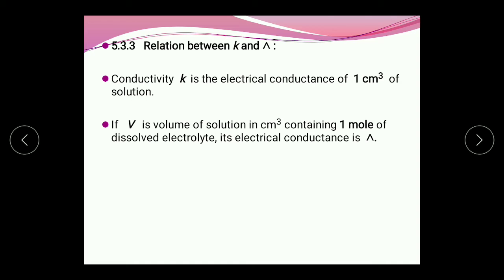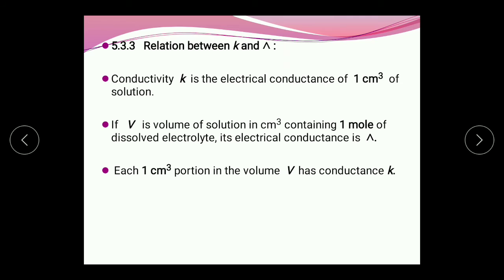So we have taken V cubic centimeters of solution and 1 mole of electrolyte is dissolved in it, and the conductance shown by this solution is lambda. Understood? K is the conductance of 1 cubic centimeter and lambda is the conductance of 1 mole of electrolyte.